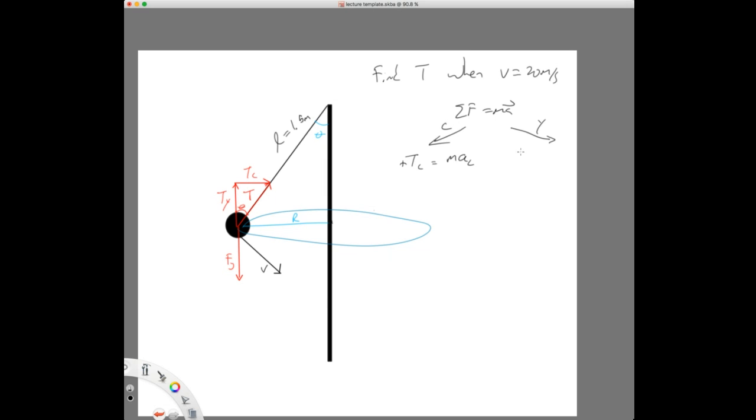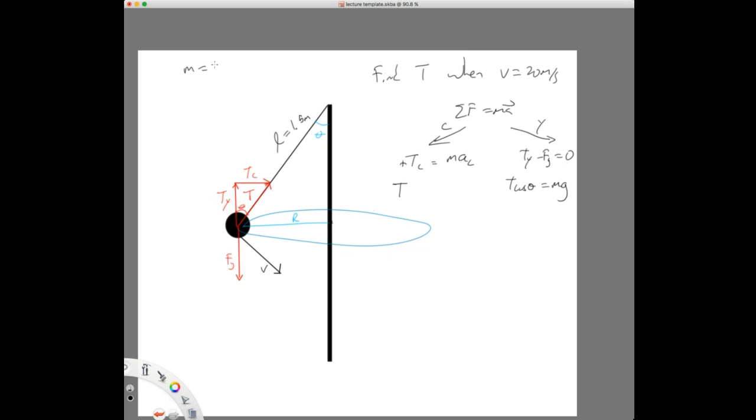And then in the y direction, we're going to have Ty minus Fg equals 0. That's going to be T times the cosine of theta equals M times G. And on the left-hand side, we're going to have T times, oh, and we need to know the mass of the ball too.